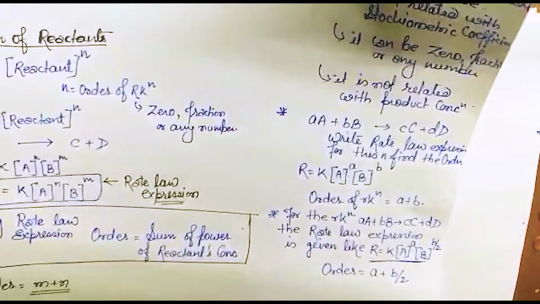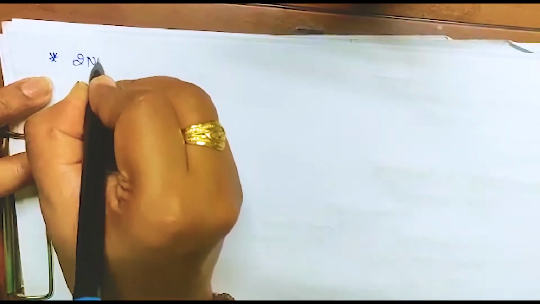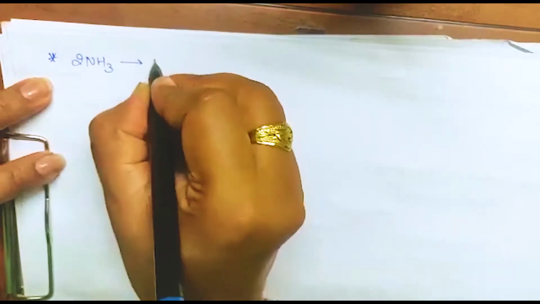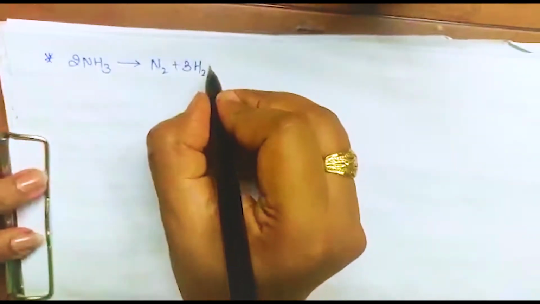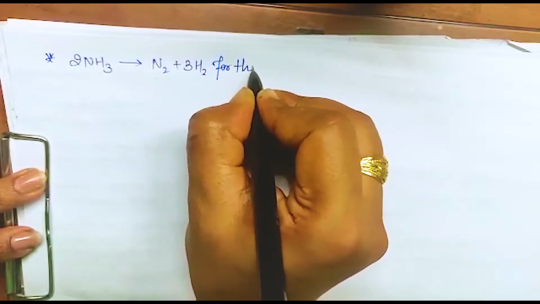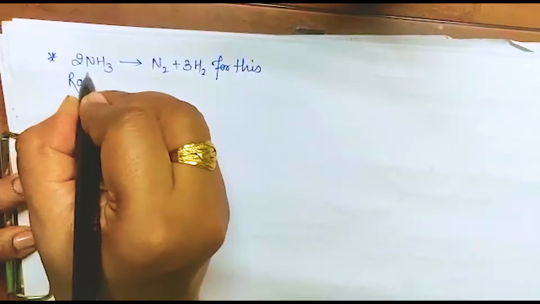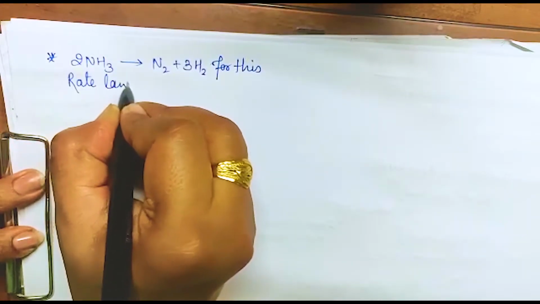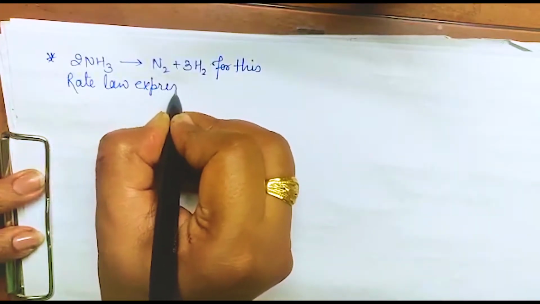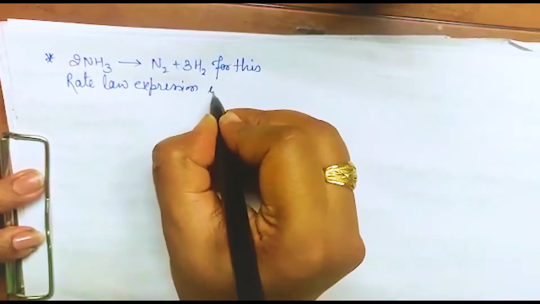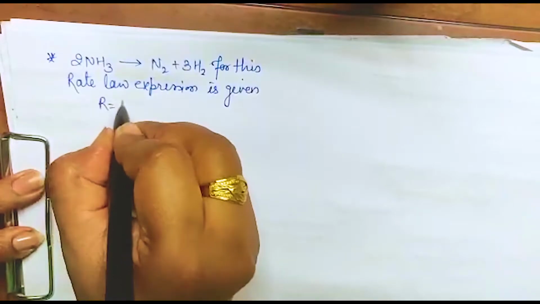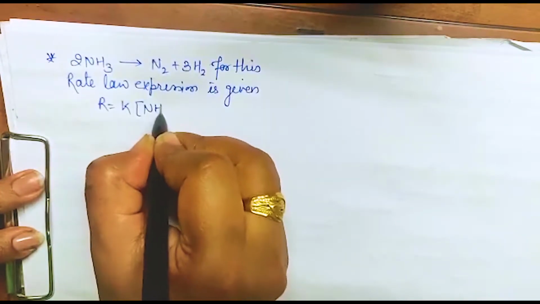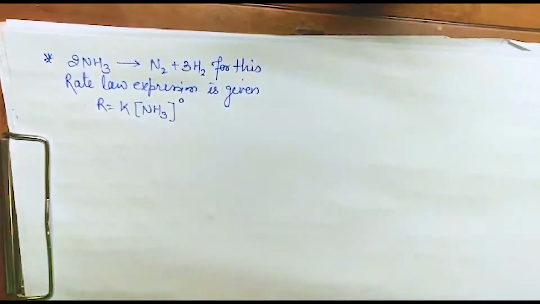Another example also we can do. See, another example, suppose I am taking 2NH3 changing into N2 plus 3H2, and for this the rate law expression is given, R is equal to K [NH3]^0.